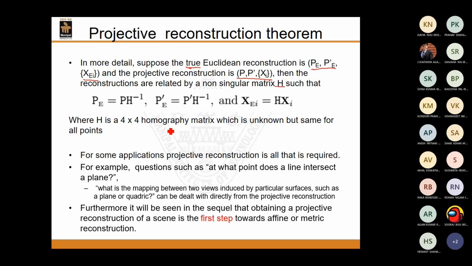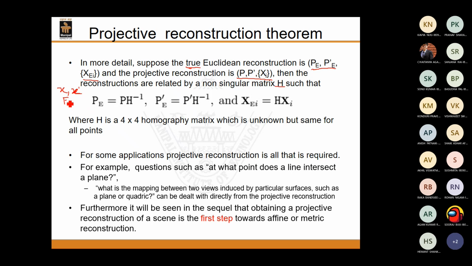But apart from that, you do not have any other constraints when it comes to projective reconstruction. In projective reconstruction, all that you need is image point pairs. You need to determine x dash, and from this x dash, whatever scene you reconstruct would be in the projective space, right? So the only step involved is you have x dash.